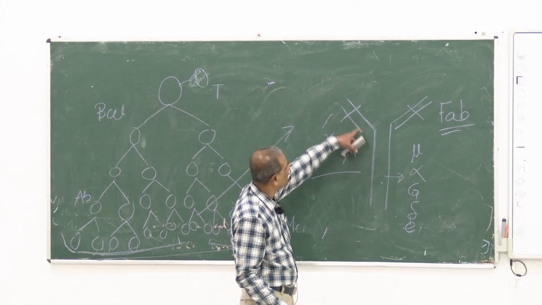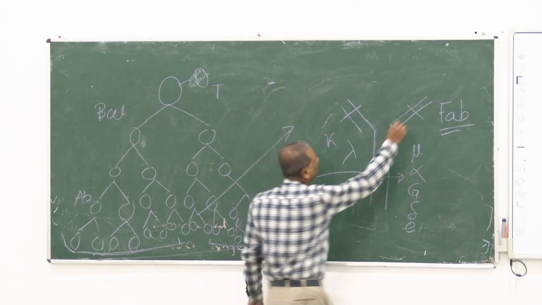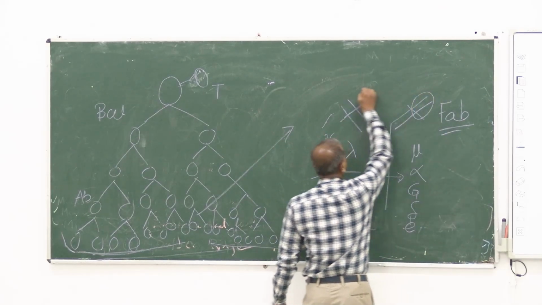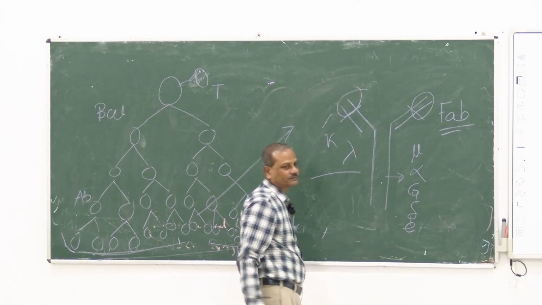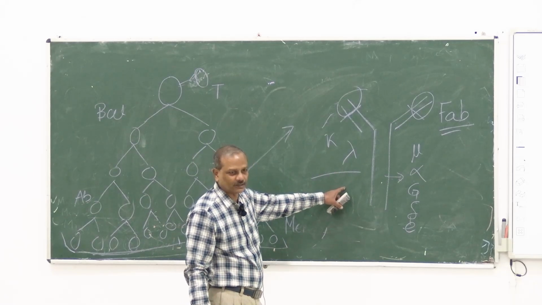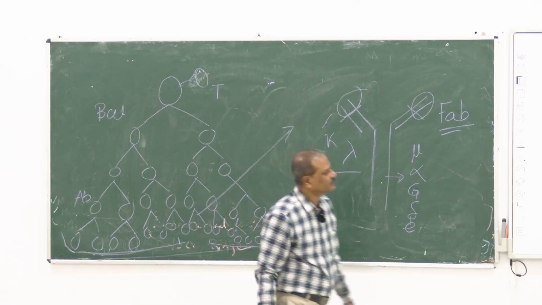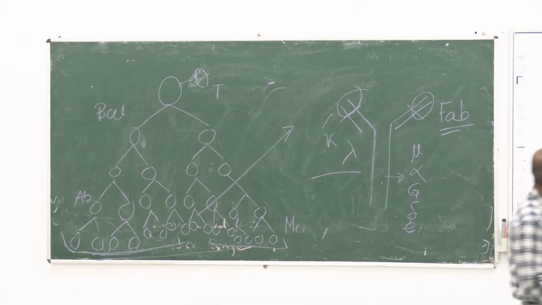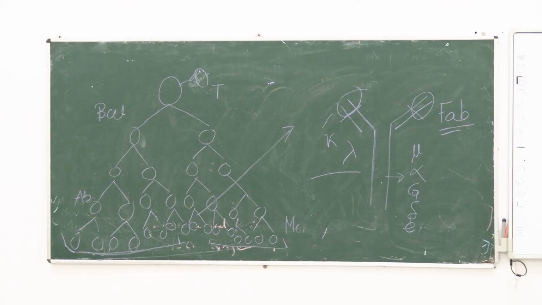They are present in this part, and this part is the antigen binding site. The rest of the part has other functions. Can you see? Just correlate. The antigen binding site is this one.